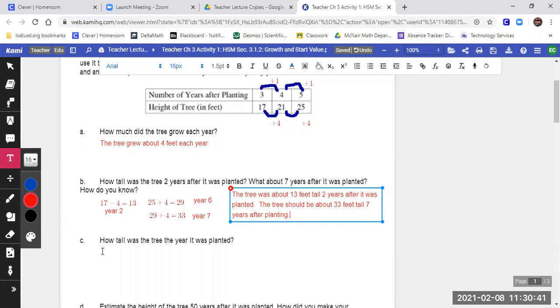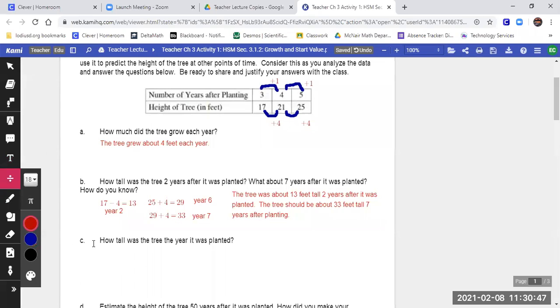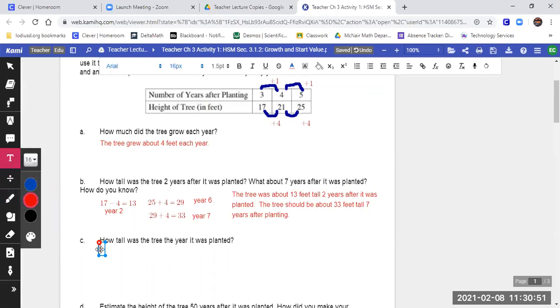Okay. So how tall was the tree when it was planted? So we have to figure out what year would that be? What year would it be the year it was planted?